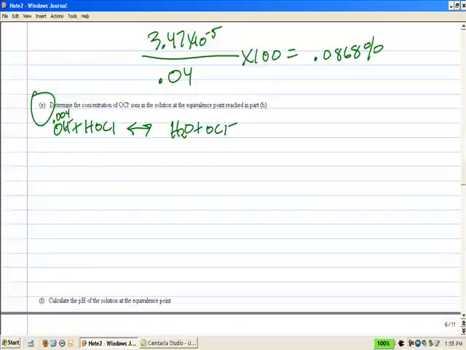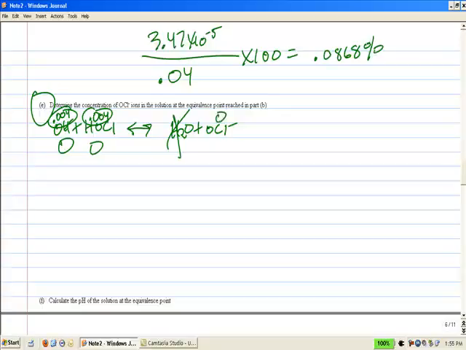We also know that the moles of the base must equal the moles of the acid, so that's also 0.004. So at the equivalence point, these completely run out, so these both go to 0. The water we don't care about. OCl minus initially is 0, but then, because these go down by 0.004, this is going to go up by 0.004.